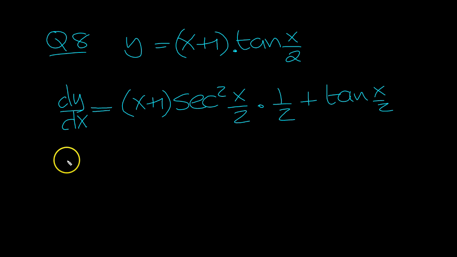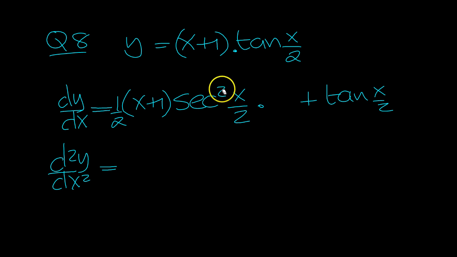Okay, so d2y is we're also asked to find. I'm going to move this half over to be here, so we can just differentiate it. And remember, we can write sec squared of x over 2 as that squared, can't we? For the purposes of differentiation. So this is a product, so it's u times the v.